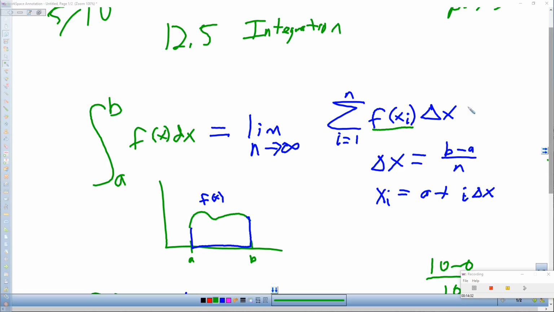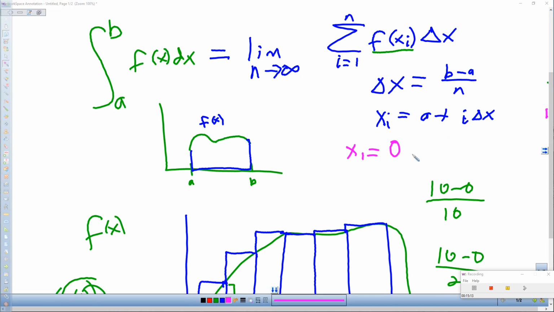What about the equation for this right here? Yeah. Okay. So consider if you're starting at a. If we want the first x, x1, we would start at a. So let's just say a was 0, like in this case down here, plus, which one are we looking for? 1.